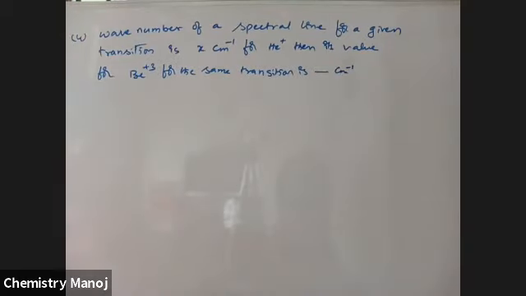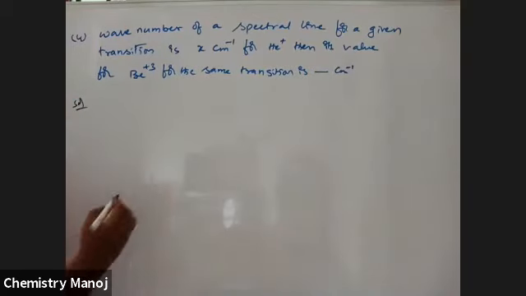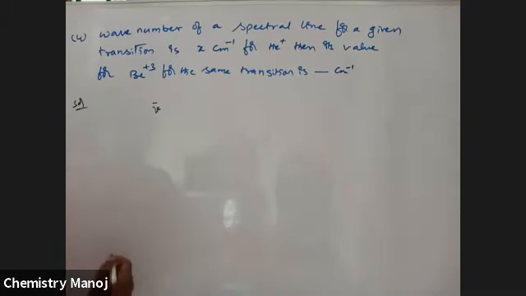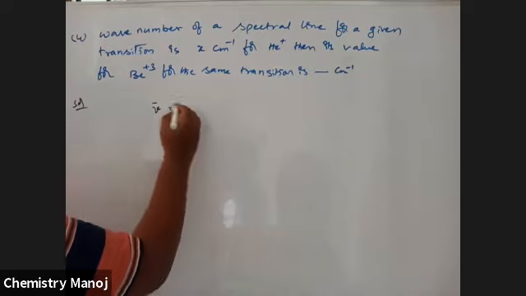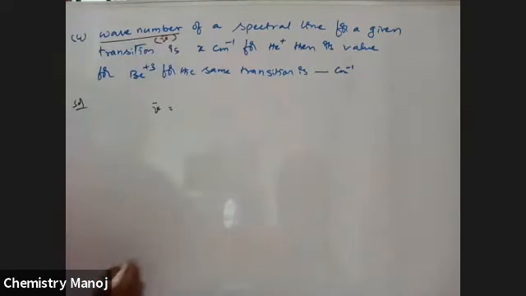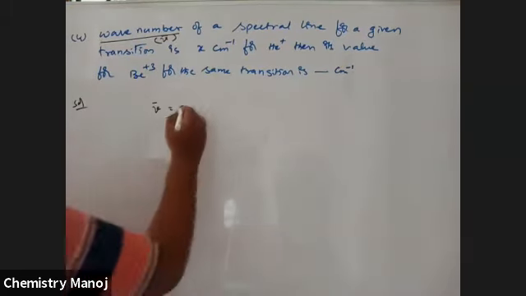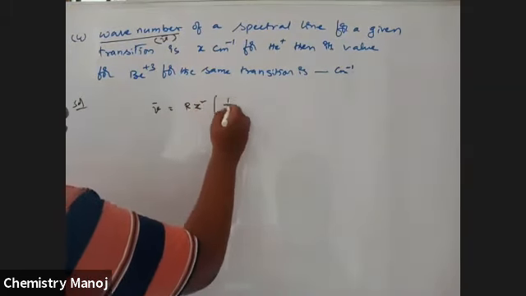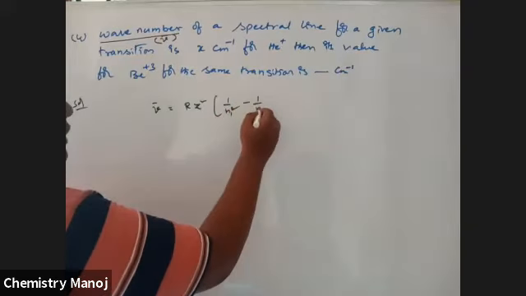Correct. Good. Now the solution. We know, just like in the previous problem, nu bar is equal to 1 by lambda. Here wave number is nothing but nu bar. Nu bar is equal to R z square into 1 by n1 square minus 1 by n2 square.